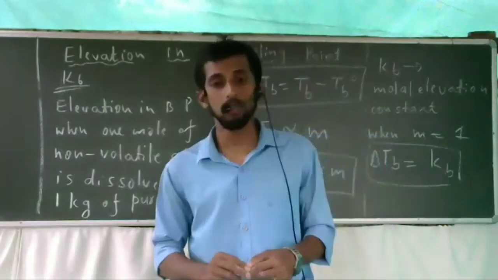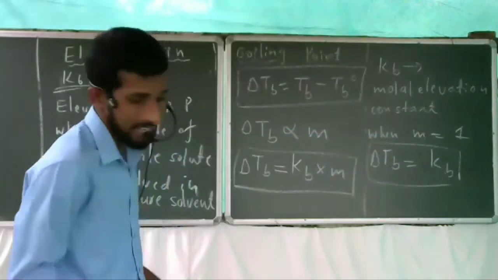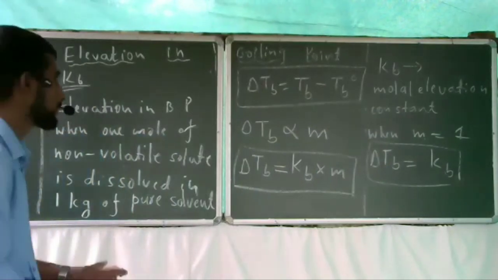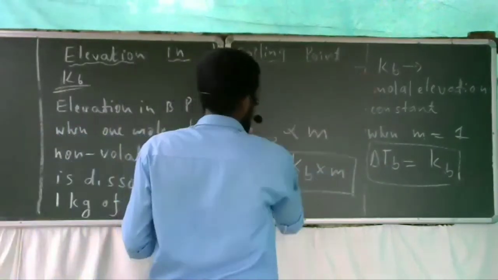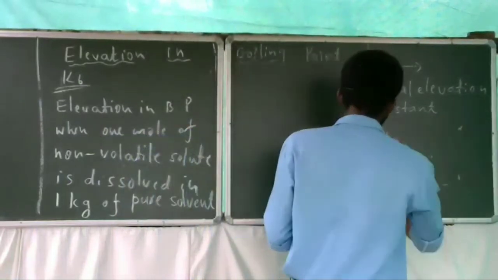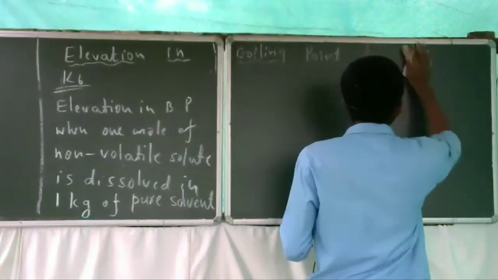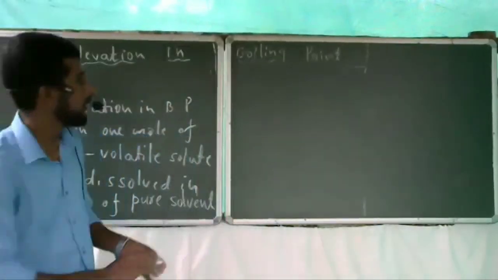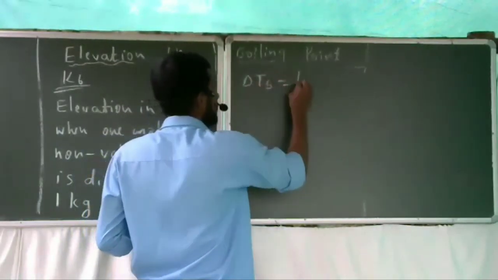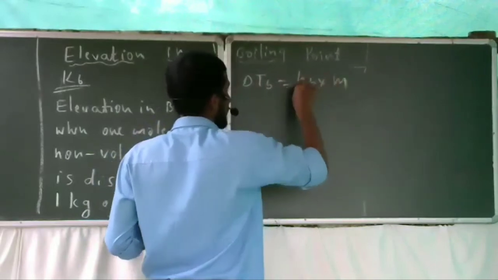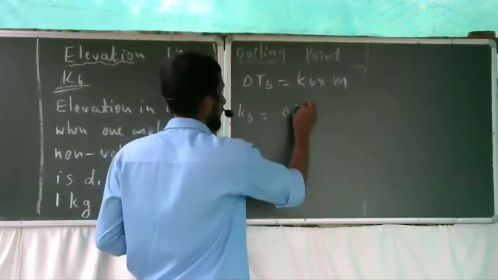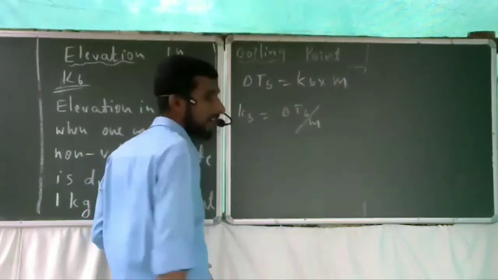Okay, what is the SI unit of Kb then? We have the expression delta TB equal to Kb into m, so Kb equals delta TB divided by m.